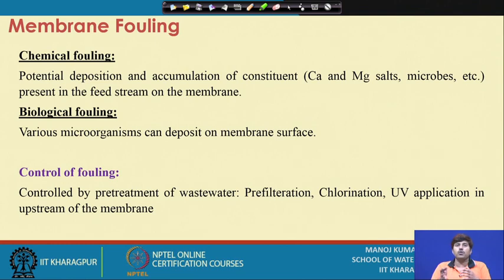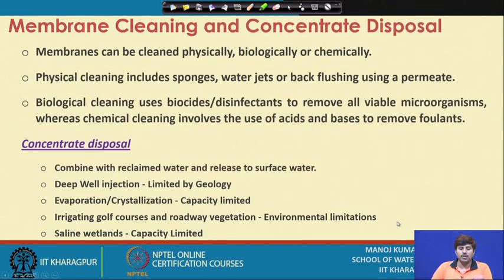It can be controlled by pre-treatment of wastewater. We can go for pre-filtration for removing the suspended particles, chlorination for bacteria, and UV application upstream of the membrane. These are some of the pre-treatment methods which can control the fouling, but even if the membrane has blocked, it needs to be cleaned, and membrane cleaning can be done physically, chemically or biologically.